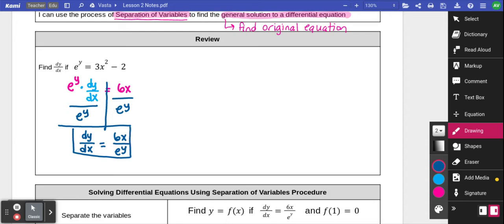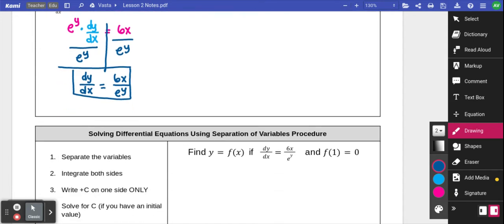Now today, using the technique of separation of variables, we are going to be undoing this process. So the idea here is, just like there's a special rule for doing the derivative when your y is not alone, there is a special technique or strategy for doing the antiderivative when your y is not alone. Let's take a look at an example.